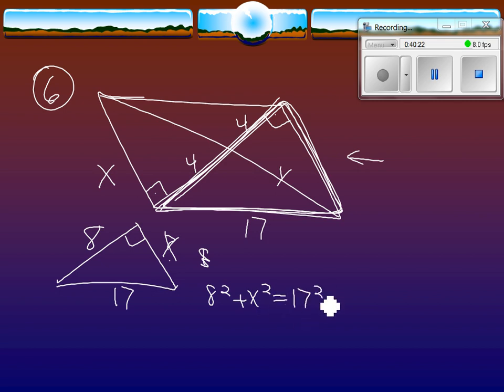Now, I wouldn't even do the Pythagorean theorem here because this fits one of those Pythagorean triples that we talked about. Does anybody remember what this third side has to be if one leg is 8 and the hypotenuse is 17? If not, could you do it the other way and figure it out?